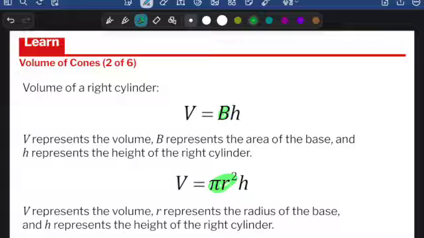Now, if it's a cone, we remember that the relationship between a cone and a cylinder is that the cone only takes up 1/3 the volume of the cylinder. So how would we change our volume of a cylinder formula to represent the volume of a cone?